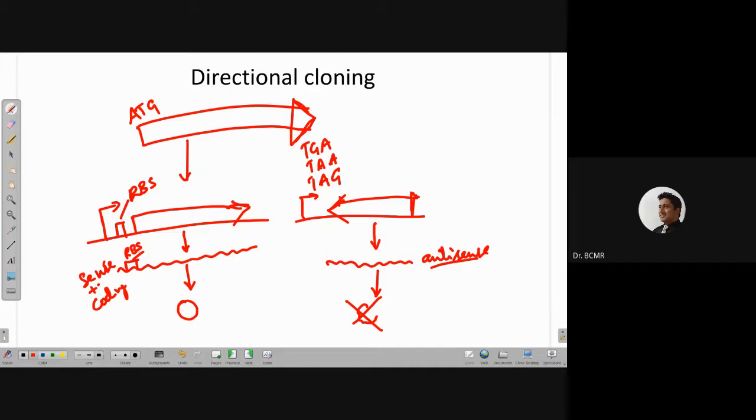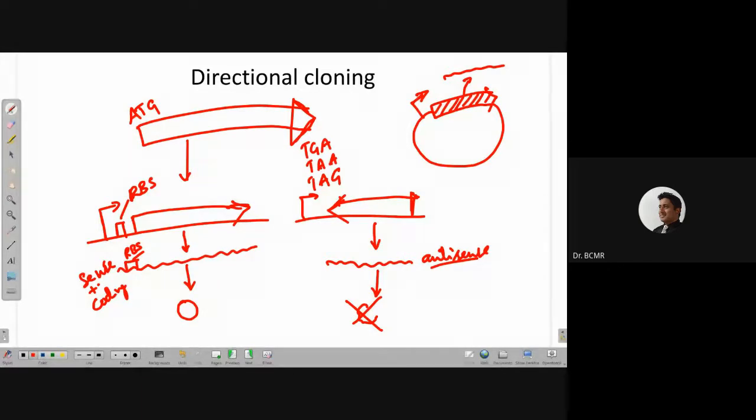Of course, there are differences in the way mRNA are recognized in prokaryotes and eukaryotes. So when we are cloning, we should ensure that we clone in such a way that the vector has the promoter. And if that is the case, we should be able to put the open reading frame in such a way so that the sense mRNA is produced and the protein is expressed.